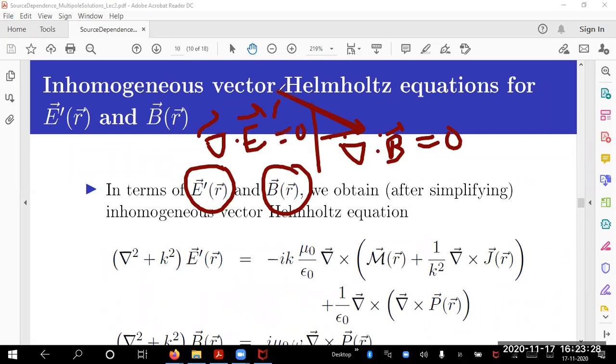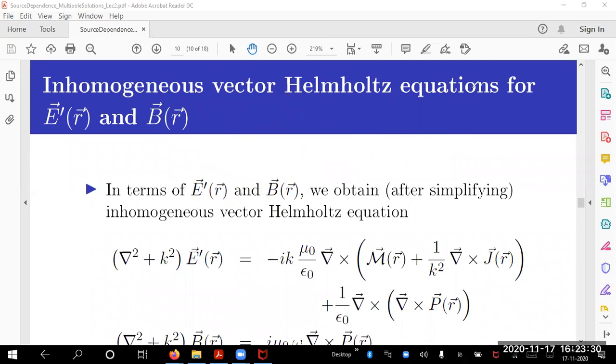I have converted it. I have defined a new kind of electric field, not necessarily what I measure. With the help of this mathematically defined divergence-less field, I will get what is called the vector Helmholtz equation, like how we did earlier. We had done it already, right? Vector Helmholtz equation is known to us.